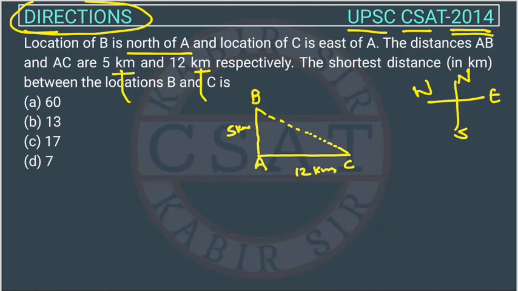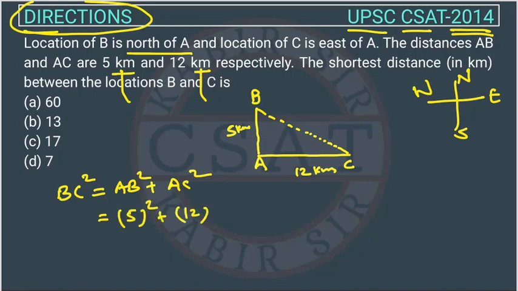Here we will use the Pythagoras theorem. According to the Pythagoras theorem, if we have a right angle triangle, then BC square will be equal to AB square plus AC square. Now we will apply this. BC square is equal to 5 square plus 12 square, so this will be 25 plus 144, and the total will be 169.